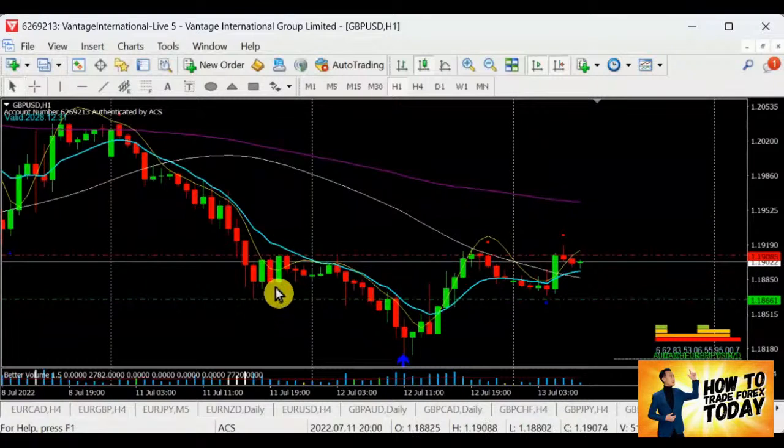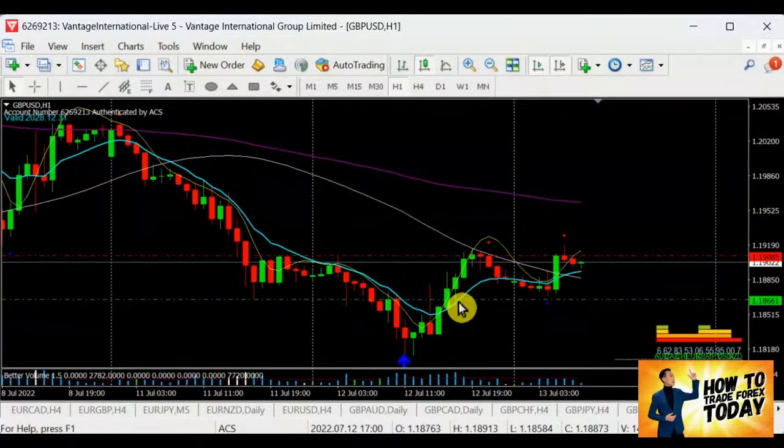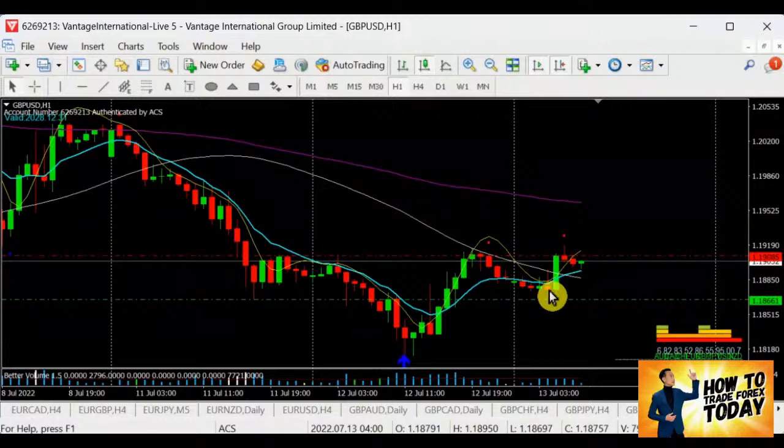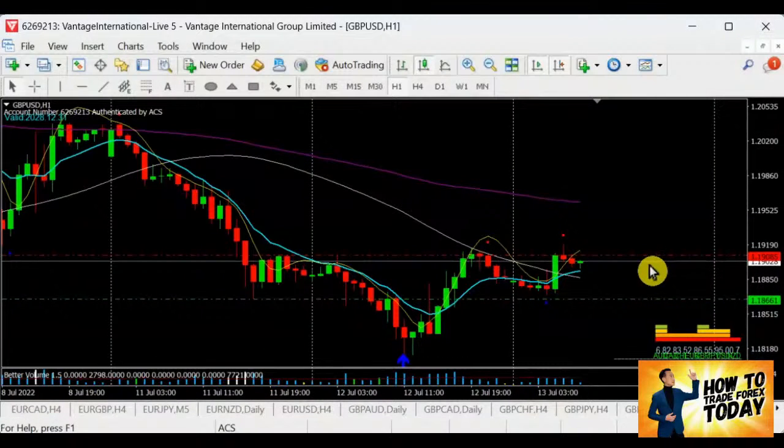After that, it started to move up, tested the resistance, and still continued to move down, and earlier on it moved back to test the resistance. So where are we now? Are we still selling? Yes, we are in the bear. For pound dollar, we are still in the bear.